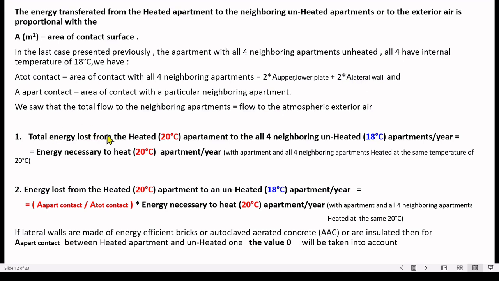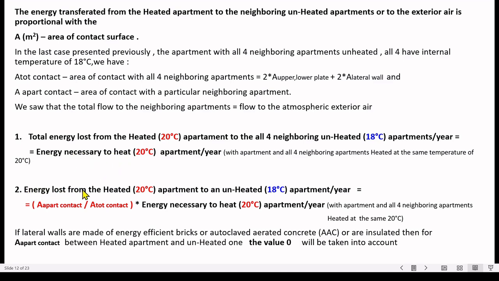The total energy lost from the apartment heated at 20 degrees to all neighboring unheated 18 degree apartments in a year is similar to the energy necessary to heat the apartment at 20 degrees in a year, with the apartment and all neighboring apartments heated at the same temperature of 20 degrees. This energy is used in calculations for the energy performance certificate.